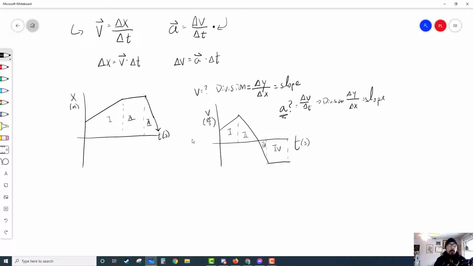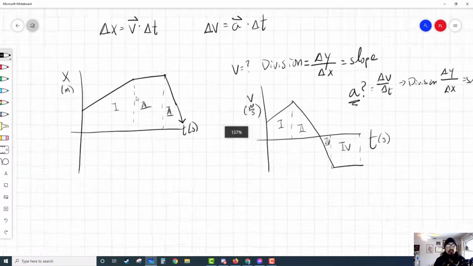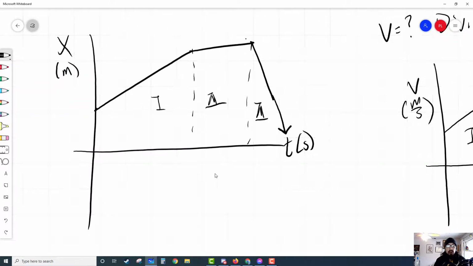Now, if you ever forget your equations and you just don't know, say you're given a position versus time graph and you don't know what the slope represents, all you have to remember is this. Slope is delta y over delta x, the change in the y over the change in x, and use the units, because any good graph will always give you the units.